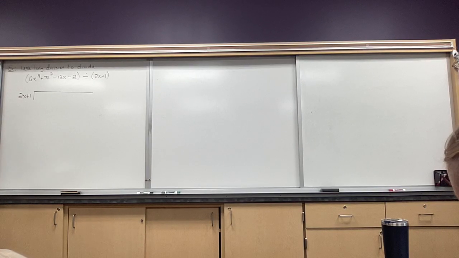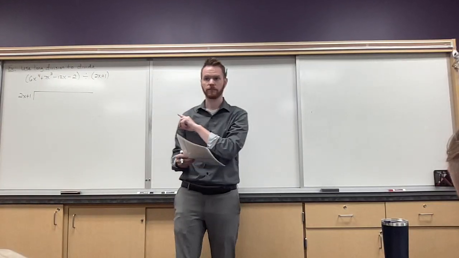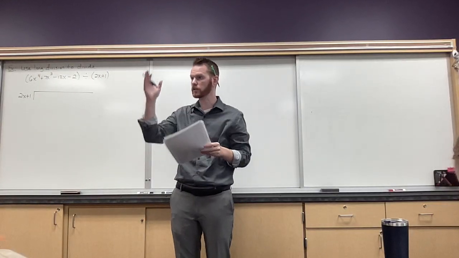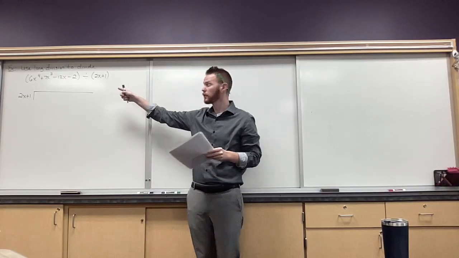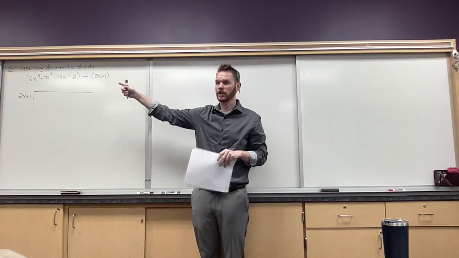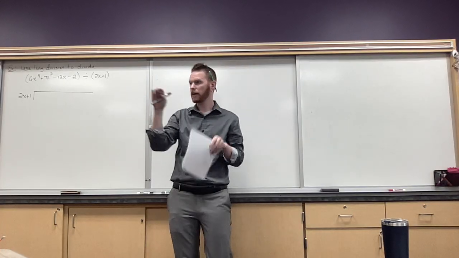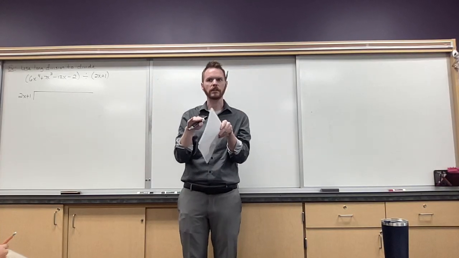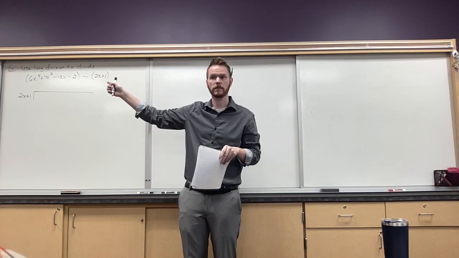The second thing that I want you to keep track of is, are there any terms missing? So what I mean by that is, look at your descending powers. Is there a power missing as you're going down the rank? I think there is one, huh? This does not have an x squared. So to make everything nicely vertically aligned, I'm going to put a 0 as a placeholder there for an x squared term.